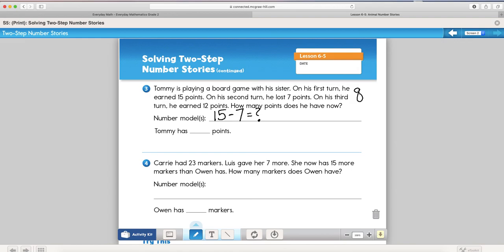What kind of clue words tell us we want to either add or subtract? He had 8 points at the end of his second turn. And then on his third turn, he earned 12 points. How many points does he have now? What kind of clues do we have that tell us that we want to add those two numbers or subtract those two numbers?